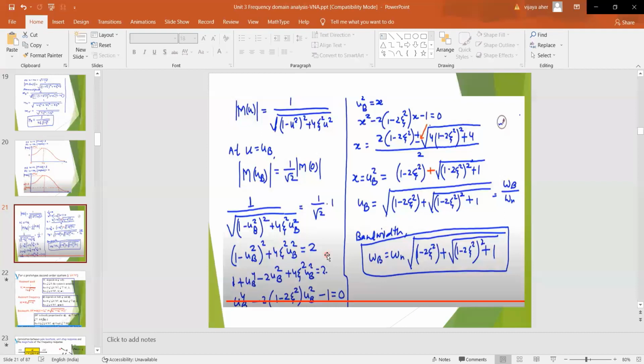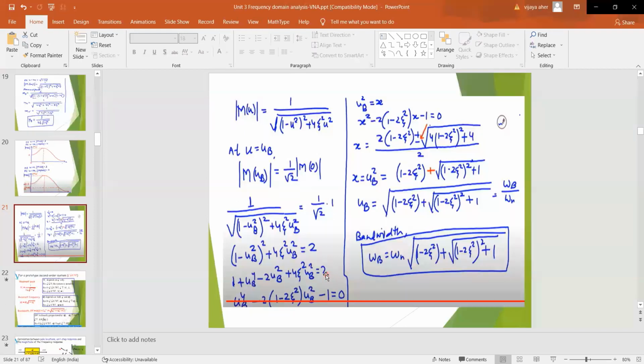Cross multiplication and taking square of this, you will get 1 minus ub square bracket complete square of that bracket plus 4 zeta square ub square is equal to 2. Now simplify. This 2 is coming on this side. Simplification: 1 plus, let us simplify this bracket first. 1 plus ub raised to 4 minus 2 ub square plus 4 zeta square ub square is equal to 2.